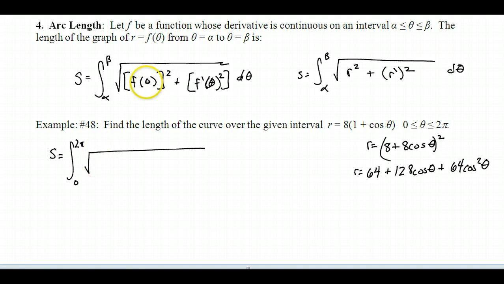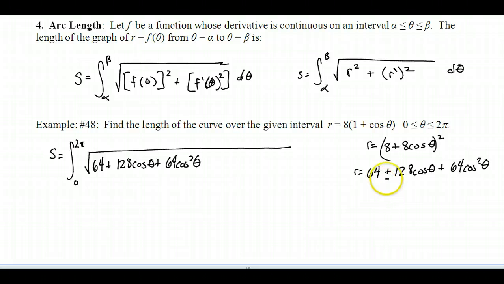So there is our function squared: 64 plus 128 cosine theta plus 64 cosine squared theta. This will be one heck of an integral. Now I take the derivative of my original function, 8 plus 8 cosine theta, and I distribute that 8 so that you don't have to use the product property for the derivative. So this is r prime now.